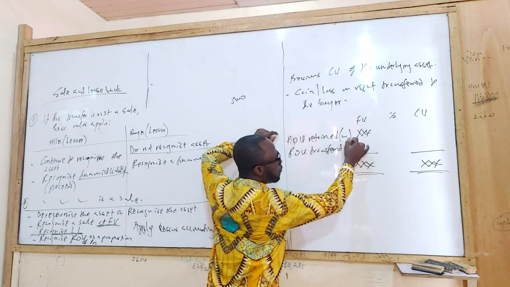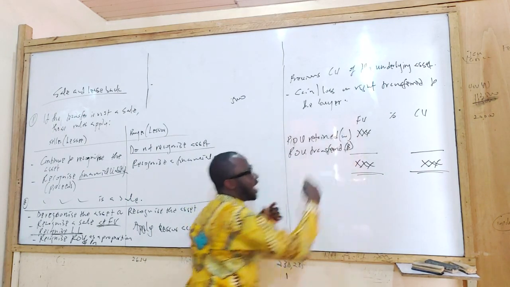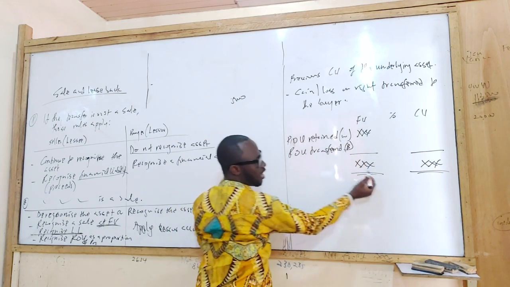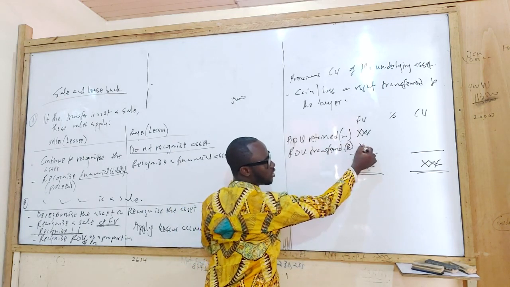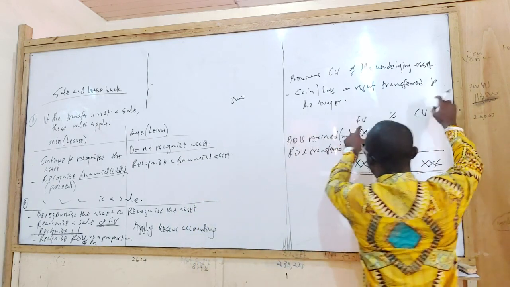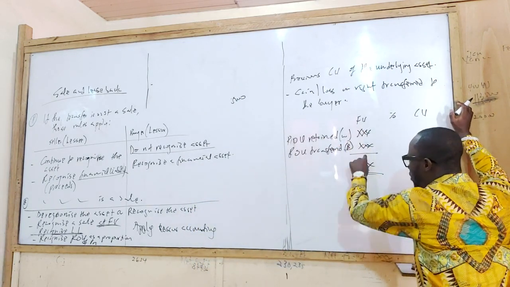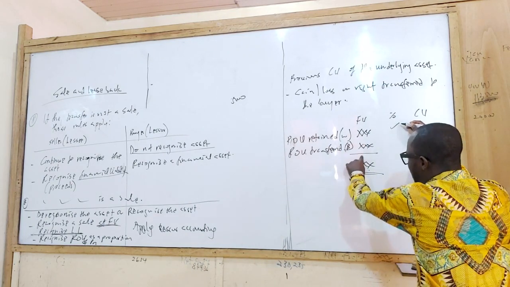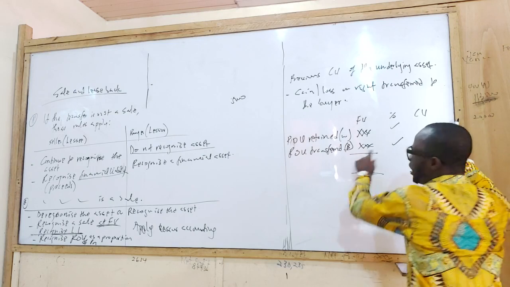So the balancing figure between the present value of the lease payments and the fair value is what? The rights that we transferred. Then we will do a percentage of that. So this divided by this times 100 will be brought here.